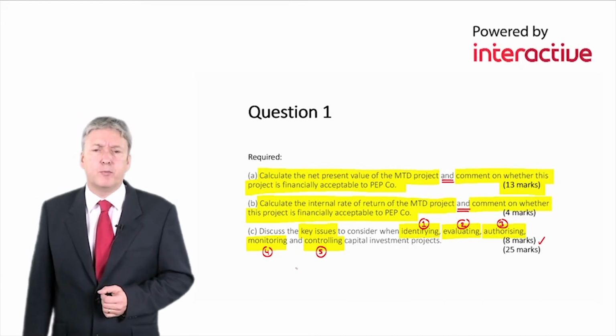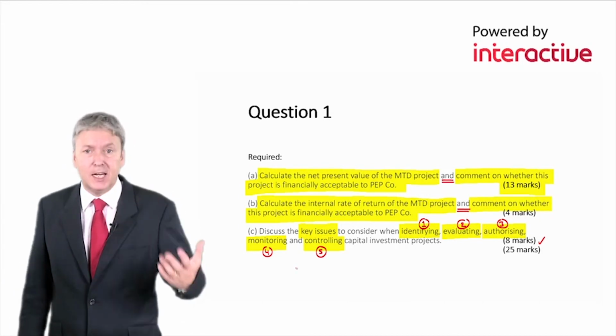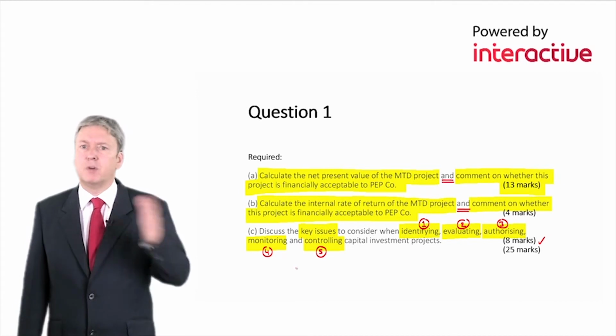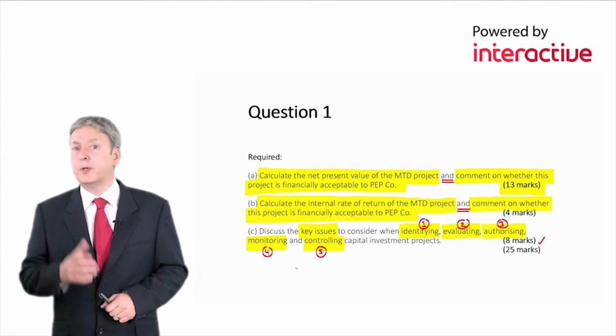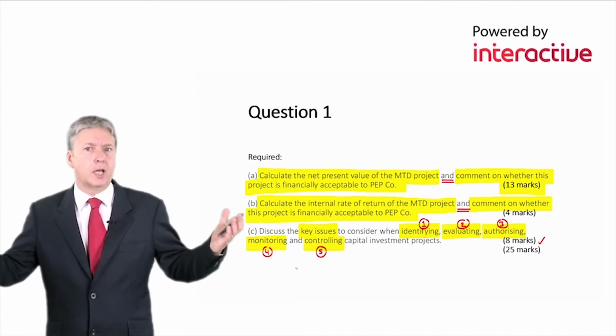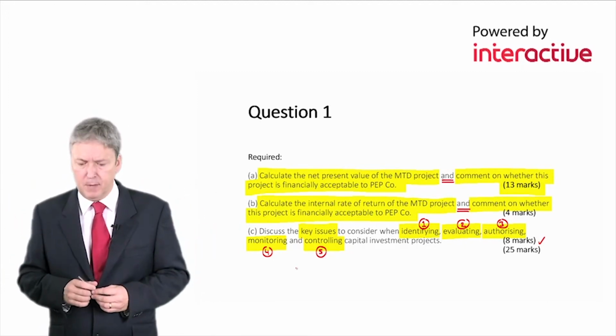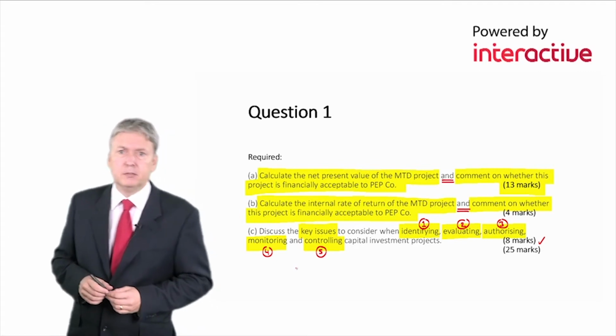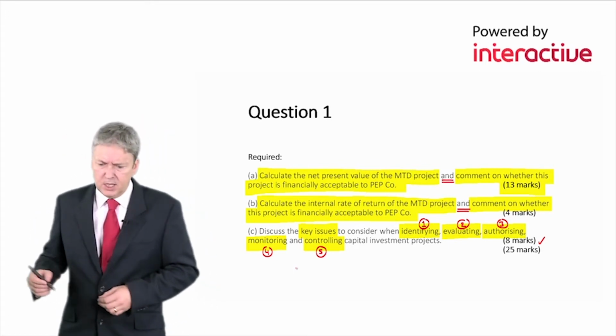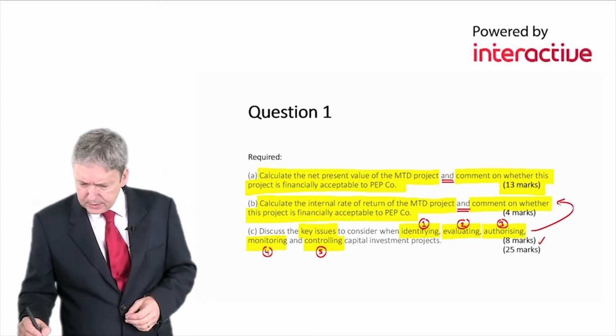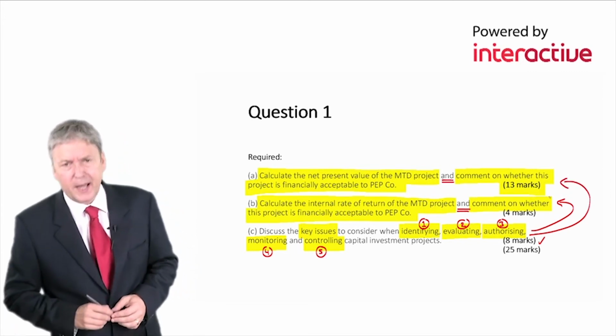My first header will be identifying the project, and I will write about how we identify it. Presumably, you would identify a project because of a perceived need by the organisation, maybe a replacement of an asset, or because we're looking for a new project. There you go, discuss around that for a couple of sentences, and you'll get a couple of marks. Evaluating. Well, hold on a moment. Didn't we just evaluate whether the project was good or bad up here?